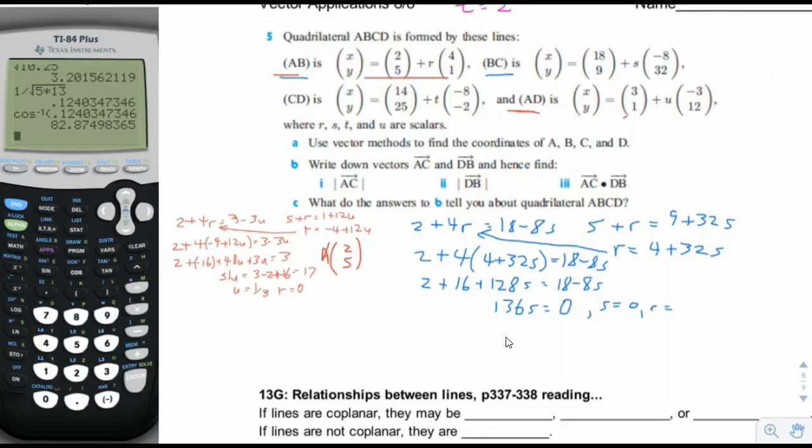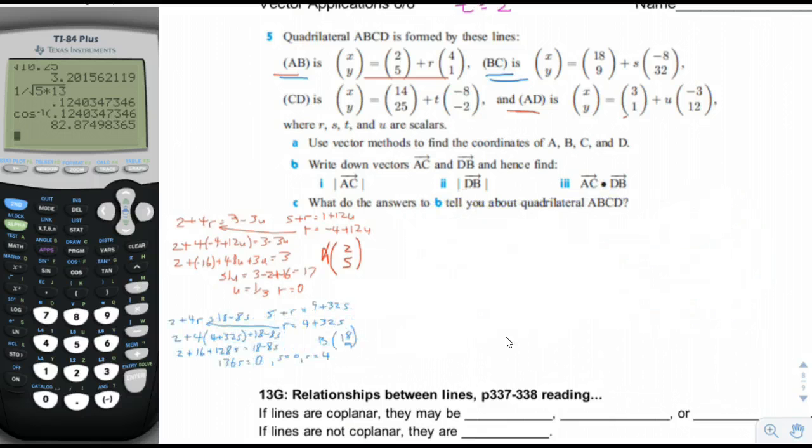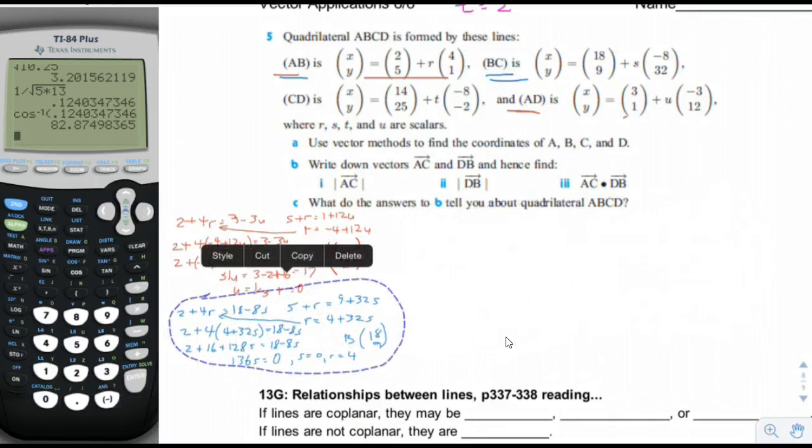So in this case we're looking for B, so we'll look for B using this equation here. And so B is equal to 18, 9. We've already found B also.